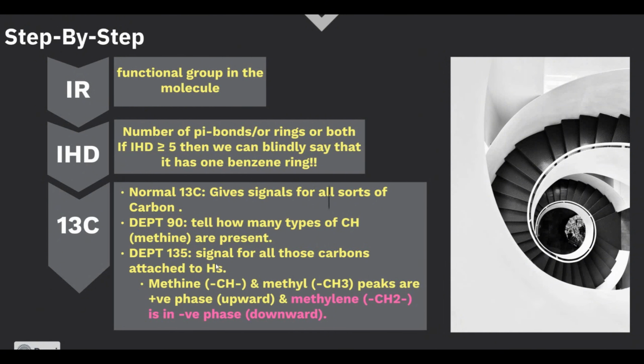So it means the signals for quaternary carbon or carbonyl carbon will be absent. Therefore, you can easily conclude which signals belong to the quaternary carbon by comparing with the normal 13C spectra. And remember that methine CH or methyl CH3 peaks come in the positive phase, meaning in the upward direction. Methylene signals come in the negative phase, meaning in the downward direction.